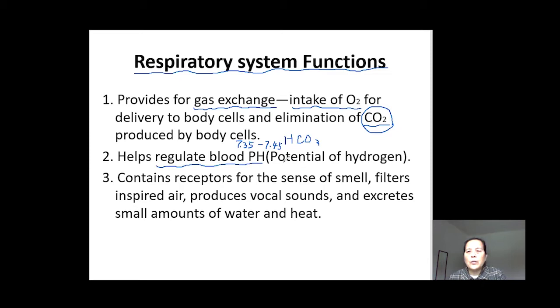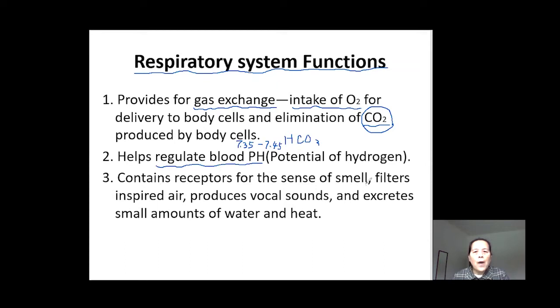So that's the respiration system we are talking about, and then some other functions. We know the nose has a relationship with our respiration system in Western medicine.